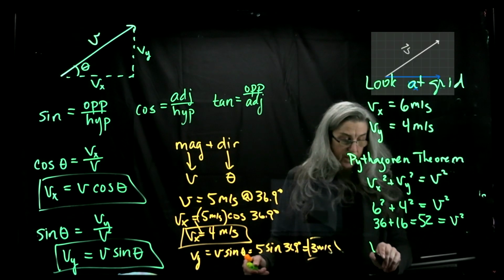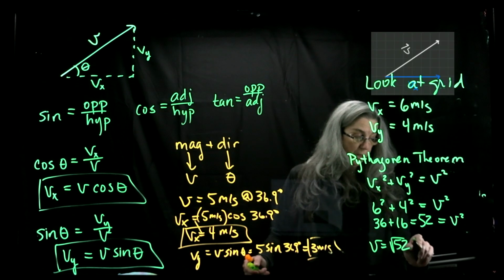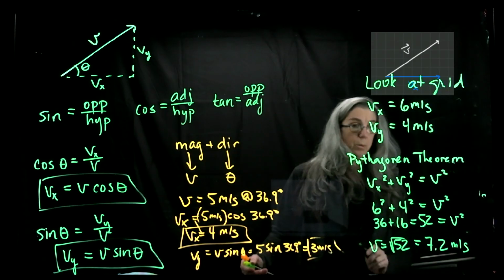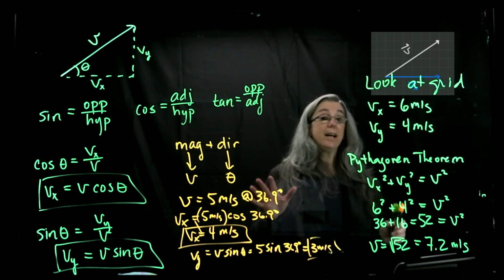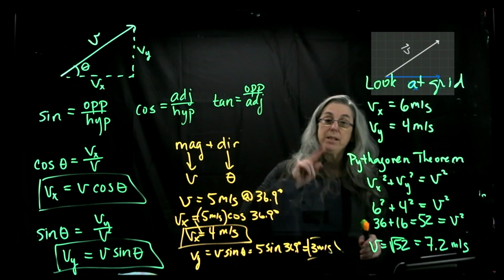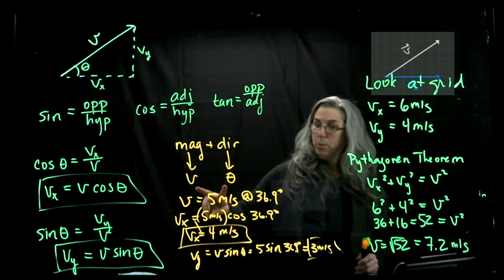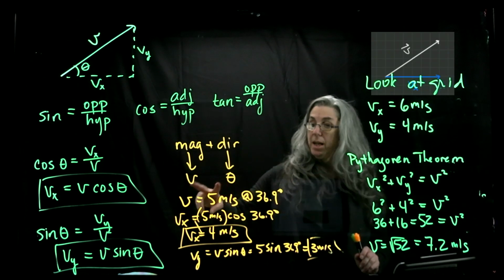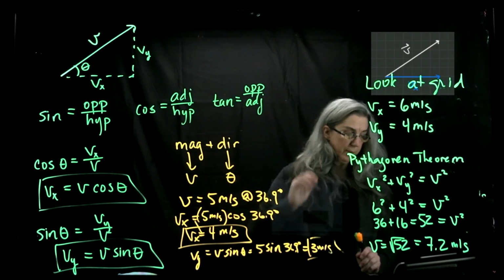To find v, we take the square root of both sides, square root of 52, and I believe that is 7.2 meters per second. All right, that's the magnitude, but that is not enough. We need two pieces of information: magnitude and direction. We need both the v, the length of the hypotenuse, and also this theta to know what the direction is.